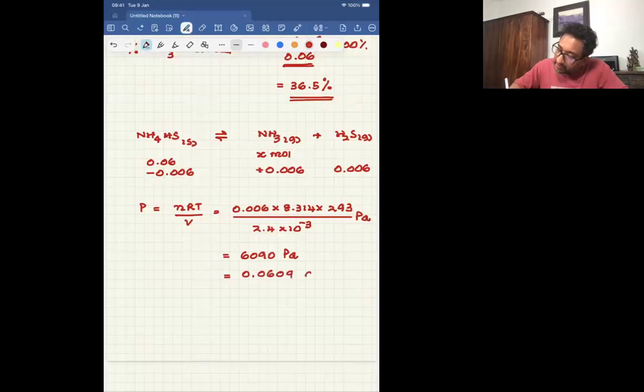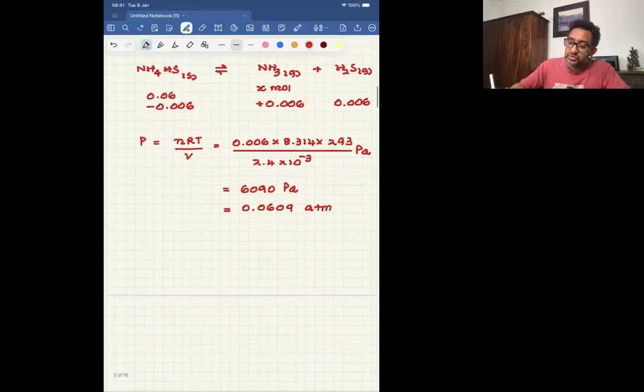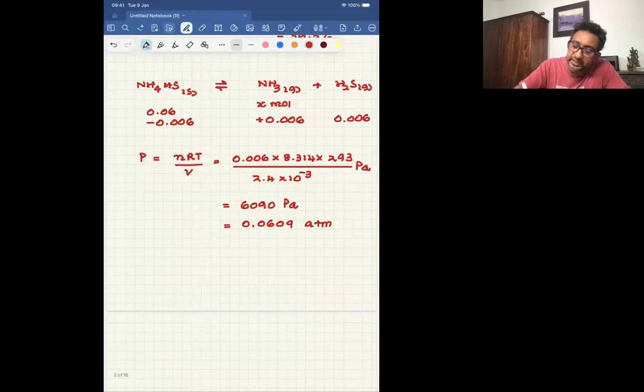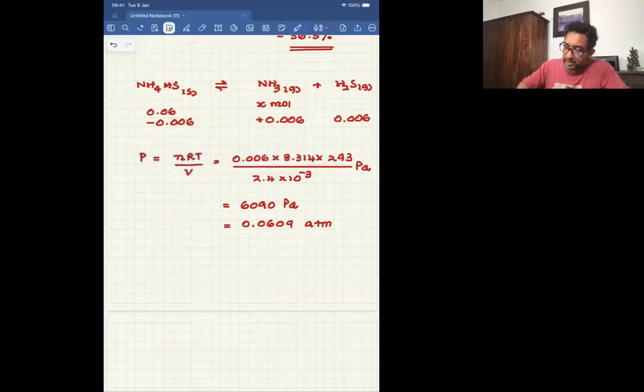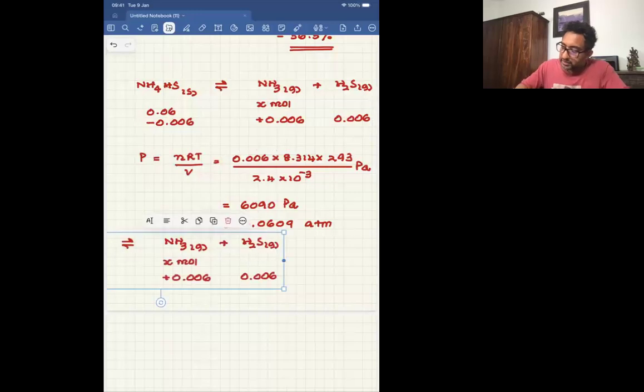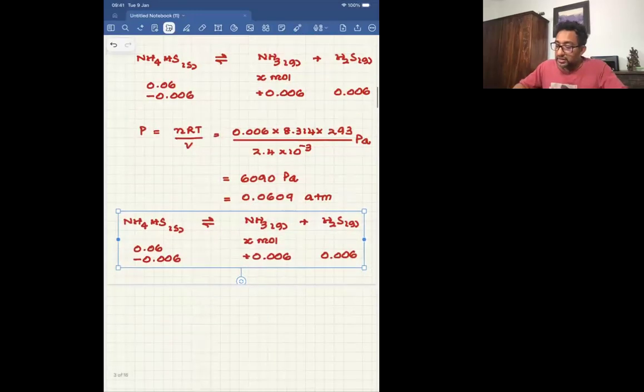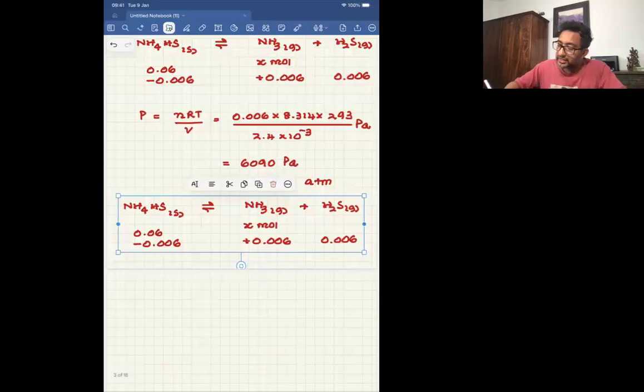0.0609 ATM. So if I now take this entire thing and paste it here, right? 0.0609.